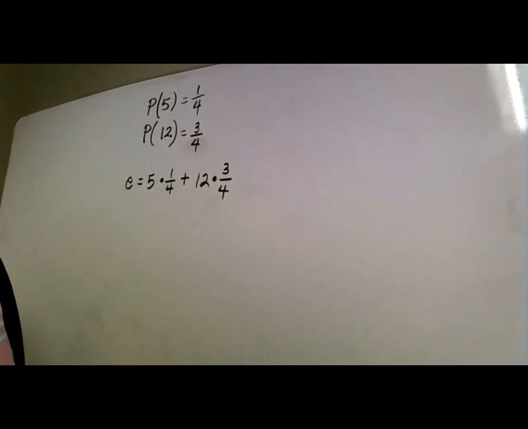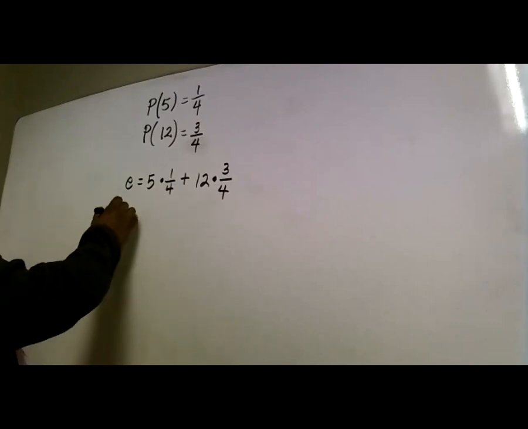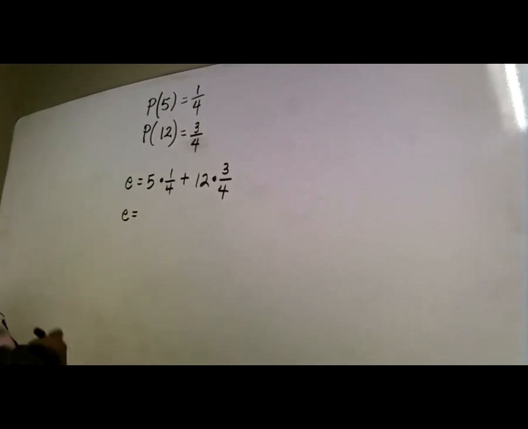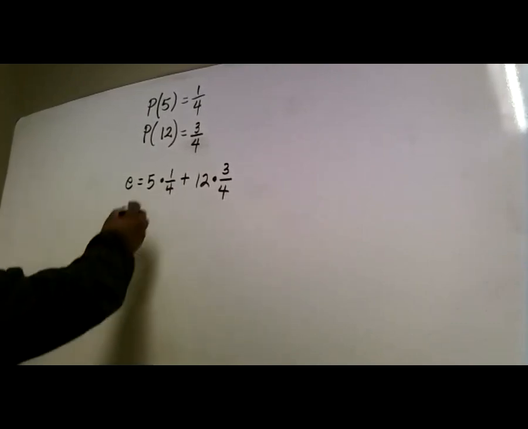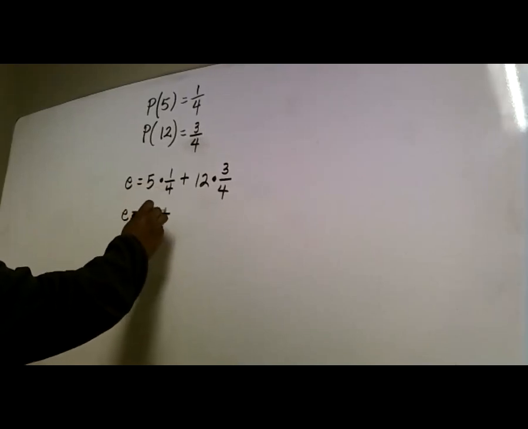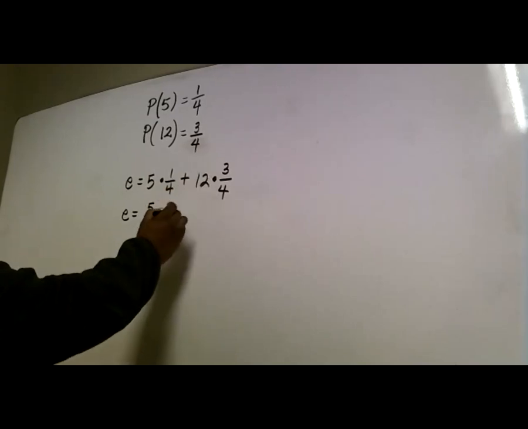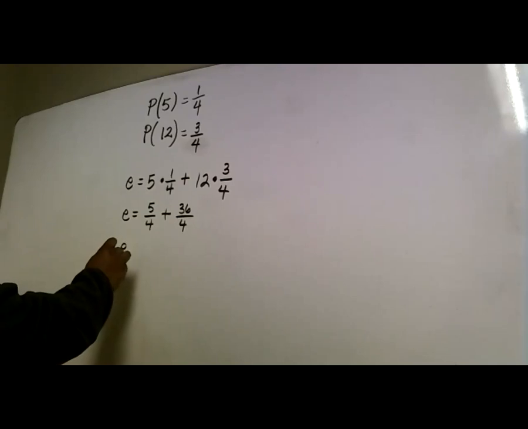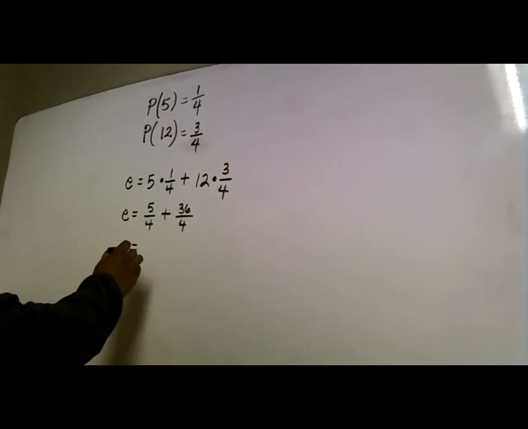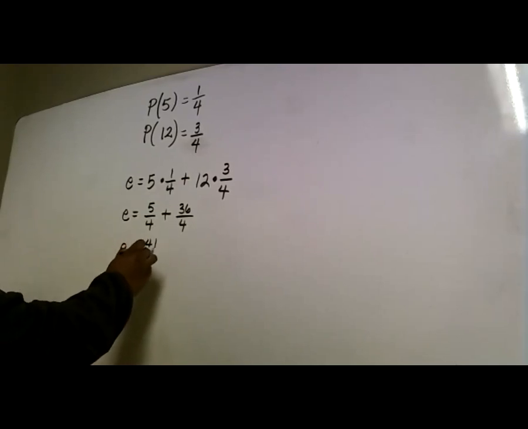That would be 3/4. So let's do the math here. 5 over 1 times 1/4, that would be 5/4. Plus 12 over 1 times 3/4, that's 36 over 4. And if I add 5/4 and 36/4, that's 41 over 4.